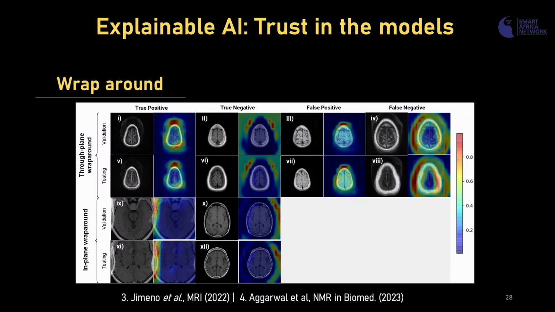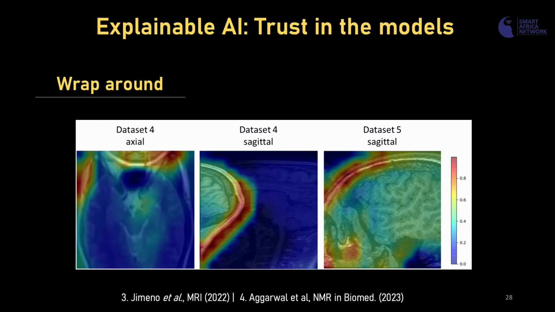At the bottom panel, you see our results for the in-plane wraparound, and surprisingly, we did not have any false positives and false negatives. To ensure that we didn't have blind spots in training, we did challenge it with a bunch of different inputs from 3T from two different vendors and still tried to get either a false positive or a false negative, which we could not.